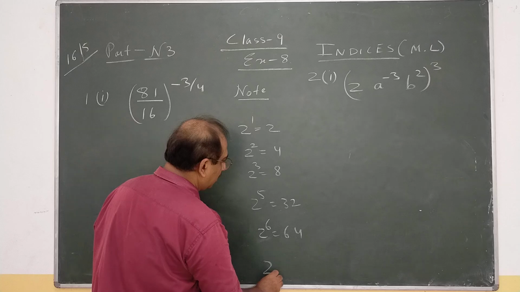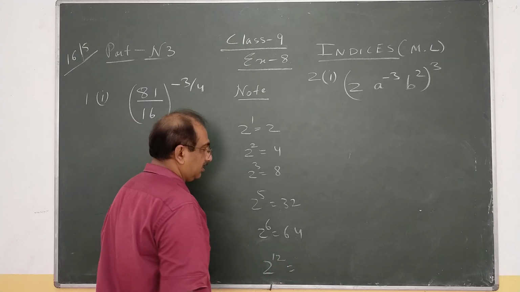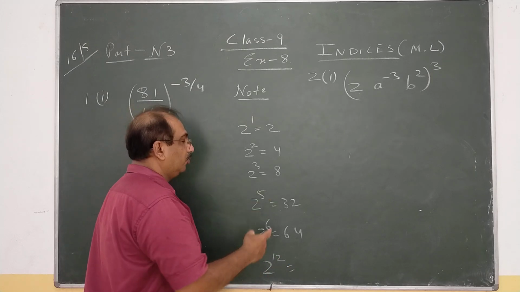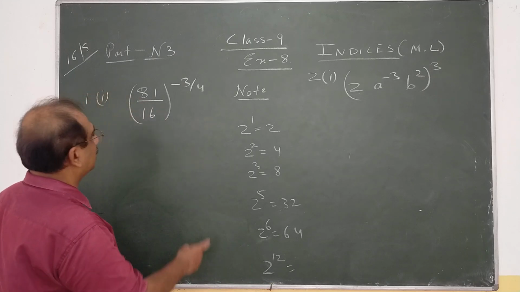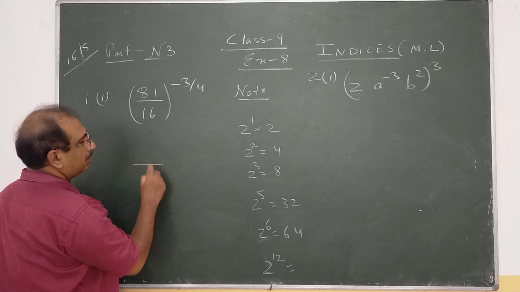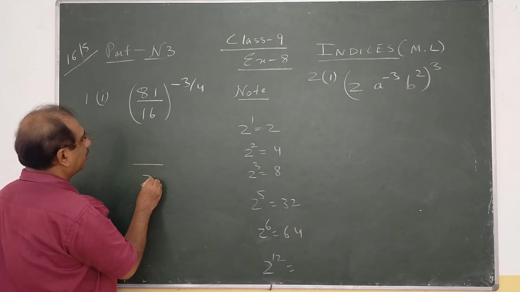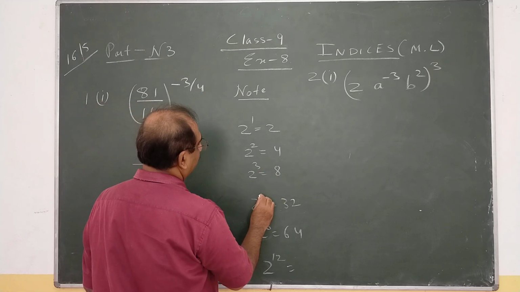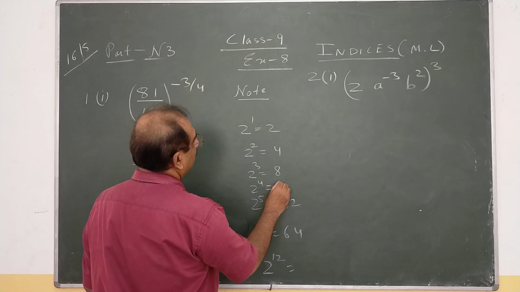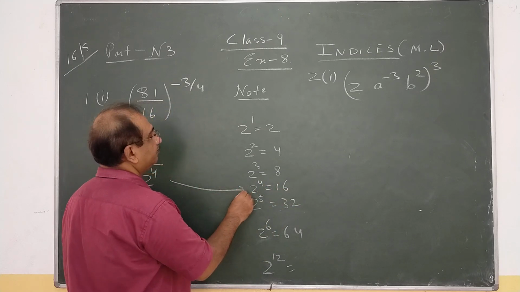So you learn up to 2 to the power 12 at least. 2 to the power 4 is 16. So here, the denominator 16, I can write as 2 to the power 4.